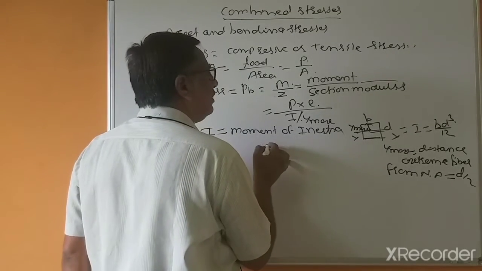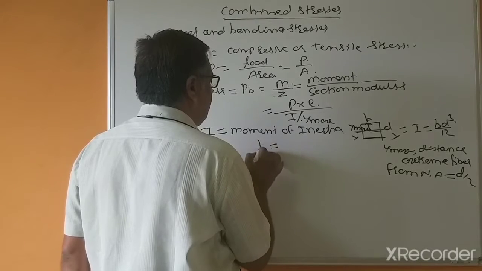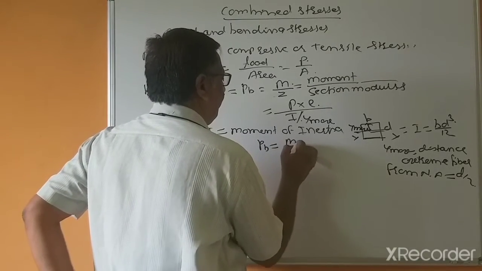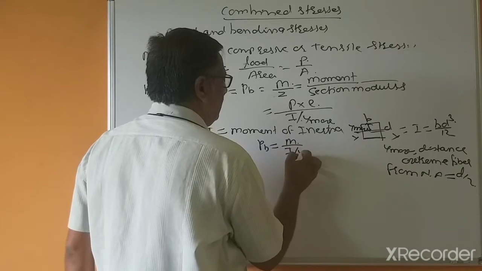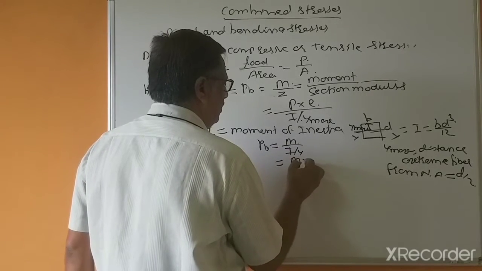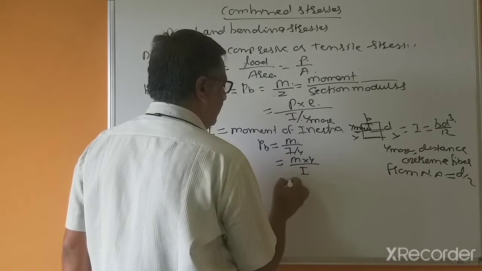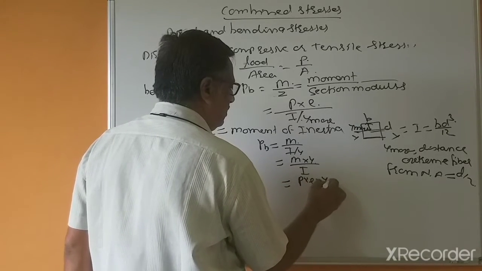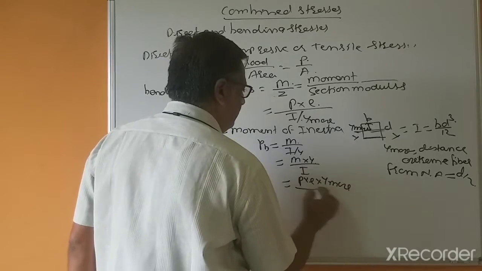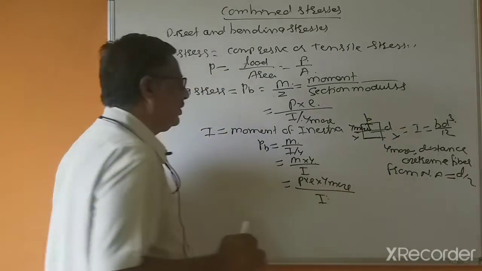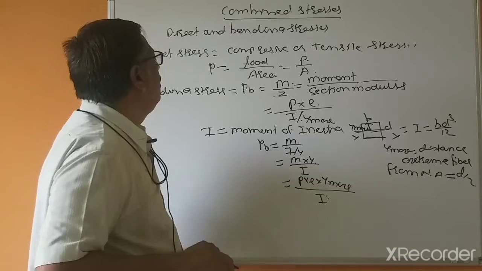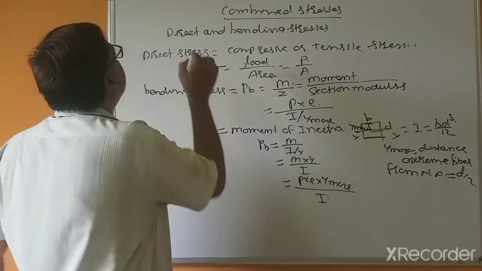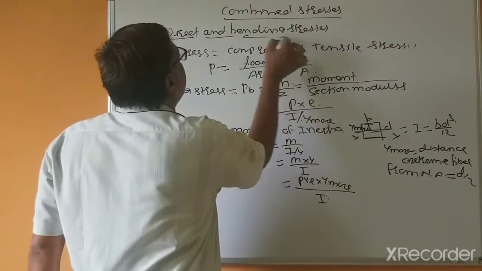So pb equals M into y divided by I, and M is nothing but P into e, so pb equals P e Y max divided by I. These are the basic formulas which we use while studying direct and bending stress.